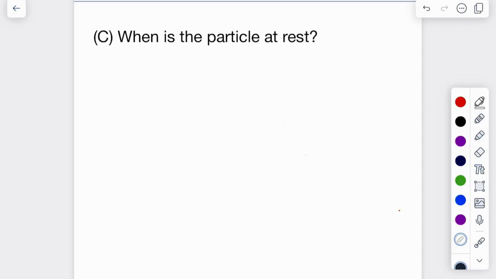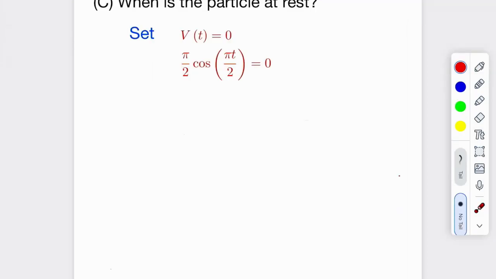Question C. Where is the particle at rest? The particle is at rest when the velocity is equal to 0. So we are going to set the velocity equal to 0, which is pi over 2 times cosine of pi t over 2 equals 0. Divide both sides by pi over 2, we get cosine of pi t over 2 equals 0.